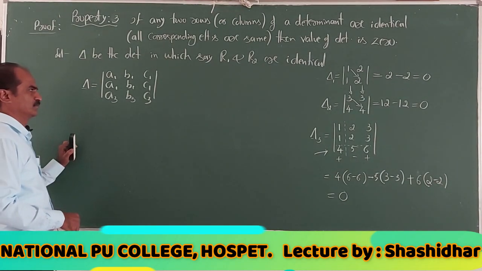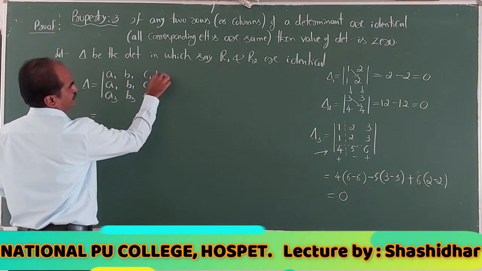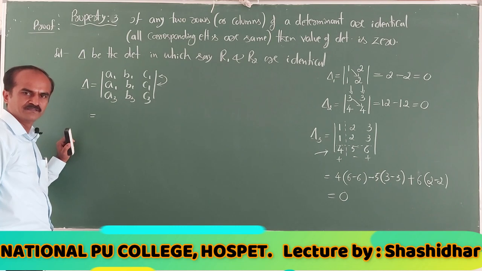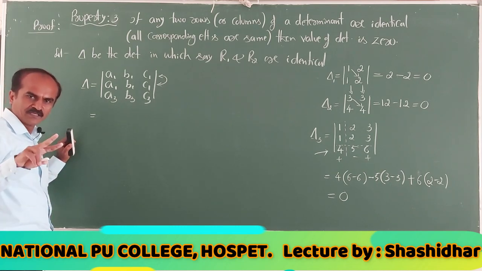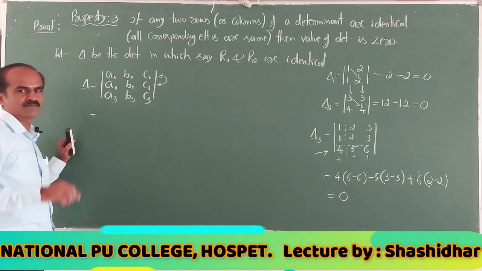Let us see how. Now, I interchange R1 with R2. Recall the previous property: in a determinant, if two rows are interchanged, then the sign of the value of the determinant changes.